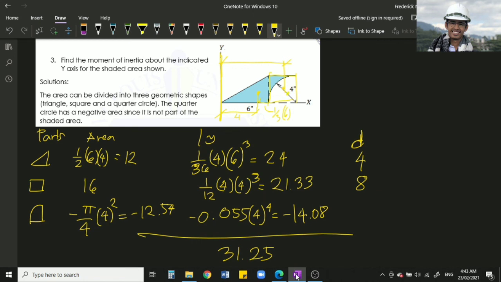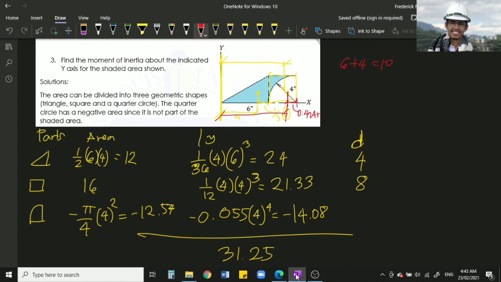So yung 0.424 r natin is ito. Okay? So yung magiging d natin will be ito na. Yung distance nito hanggang dun sa y-axis natin. So that will be 6 plus 4, so 10, no? So 6 plus 4 is equal to 10.